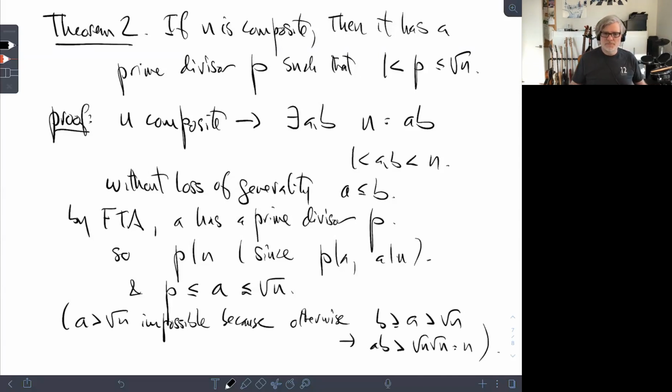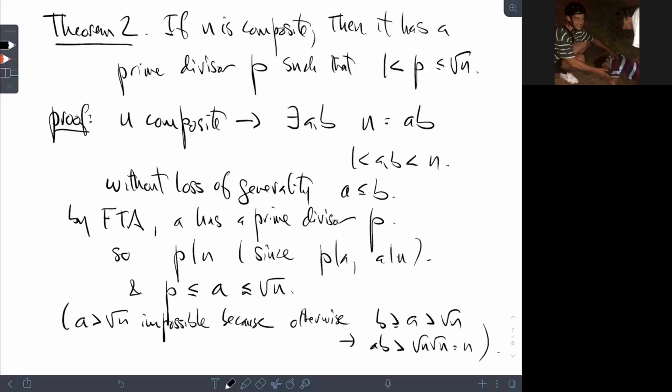Is that okay? If you multiply two numbers to give you n, at least one of them must be less or equal to root n. I think we stated it precisely that way a long time ago. So if I factor n as the product of two numbers, one of them is less or equal to root n, and it has a prime divisor, so that's the prime I want. Does that make sense?